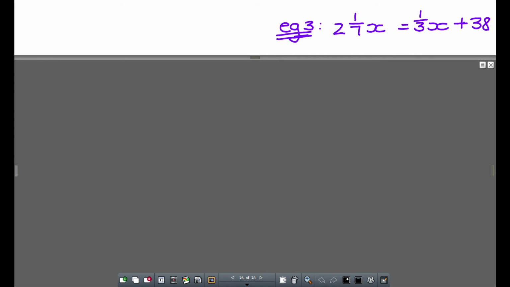Take unknowns to the left, and normal numbers to the right.